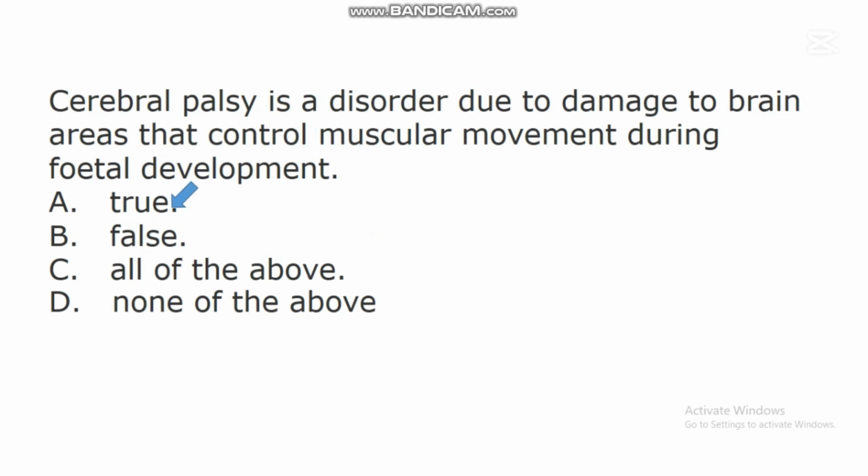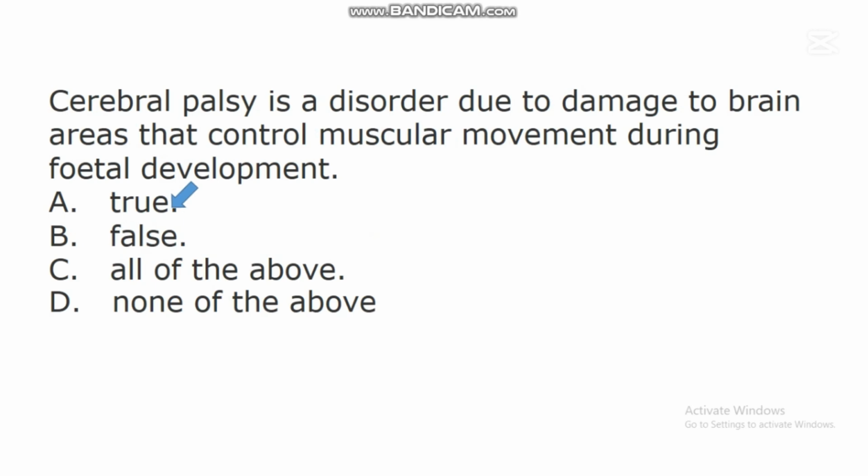Studies have shown that this cerebral palsy is one of the brain problems, and it is due to damage to brain areas that control muscular movements during fetal development. When a baby in the womb gets affected by this problem, that baby can be born with a lot of abnormality.